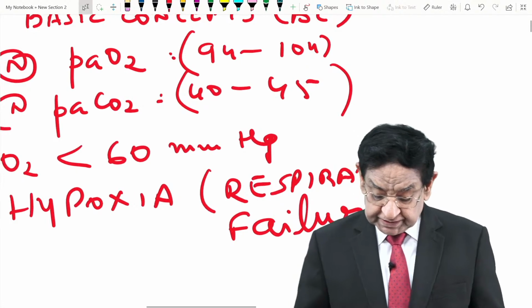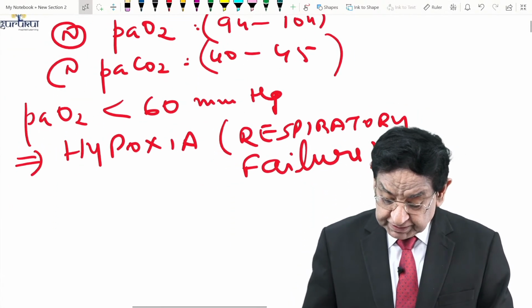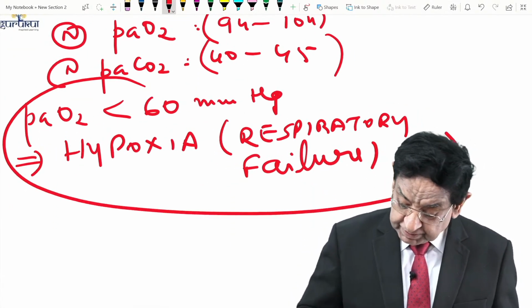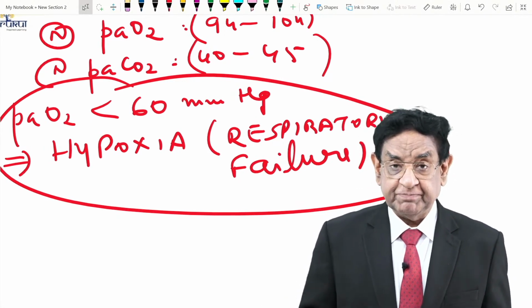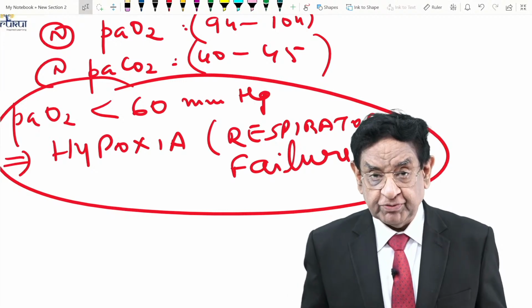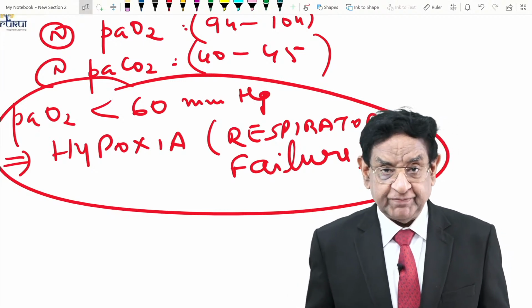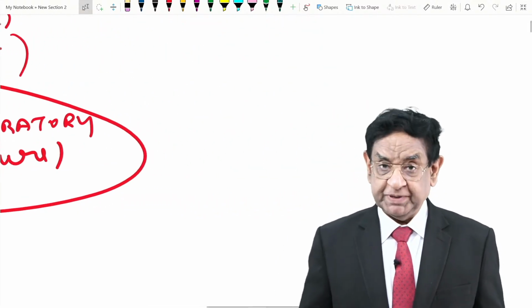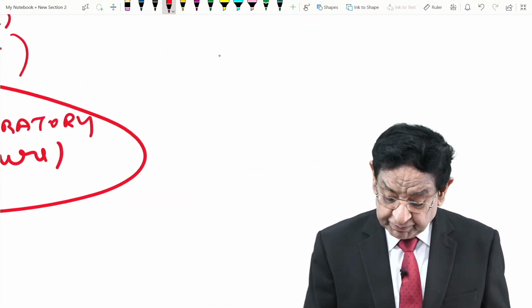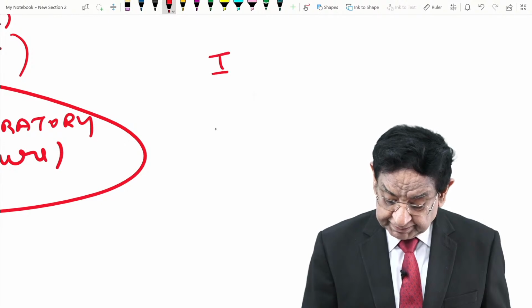This is a very, very important point, the golden line to remember. So when the partial pressure of oxygen goes down, we are talking about respiratory failure, which we also call hypoxia. Now we have two types of respiratory failure, type 1 and type 2.